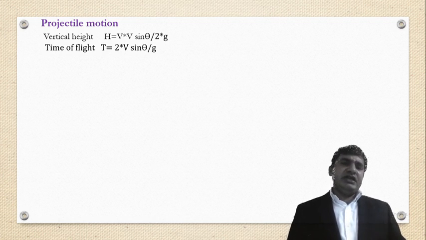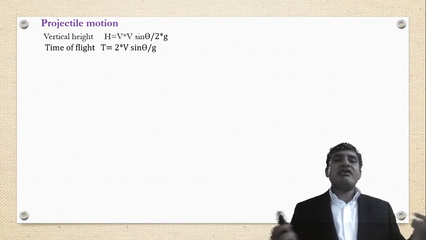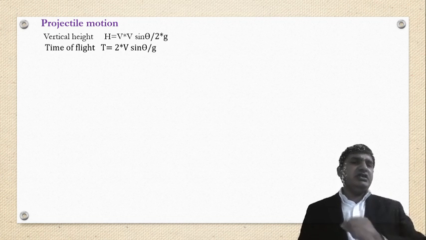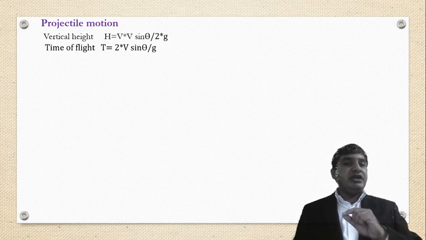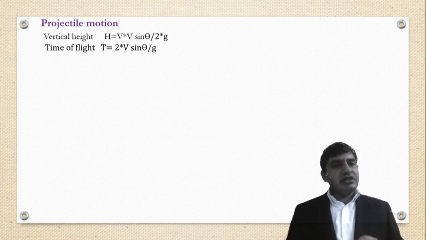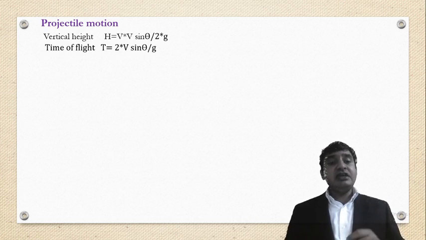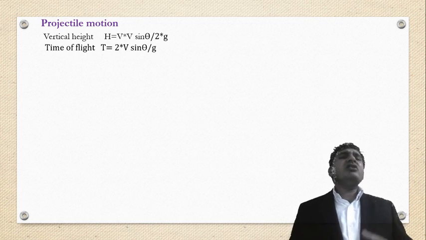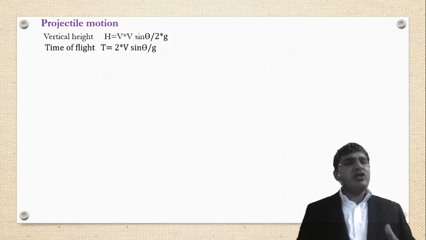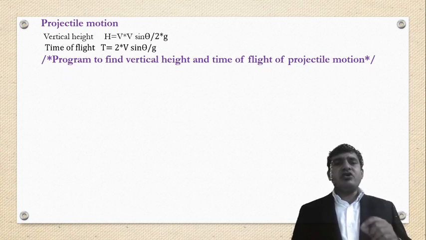And time of flight, that is the time required to cover the trajectory, is t is equal to 2v sine theta divided by g. Here v is the velocity of the object or projectile.